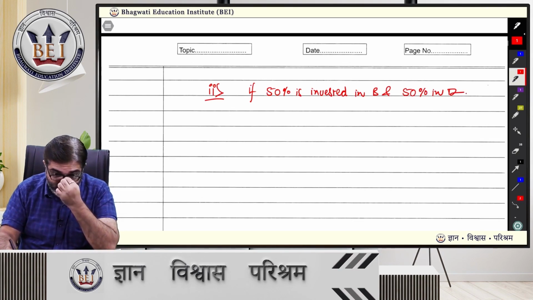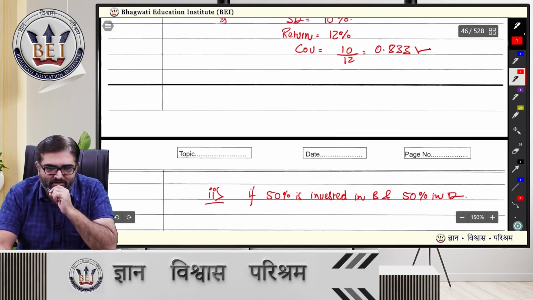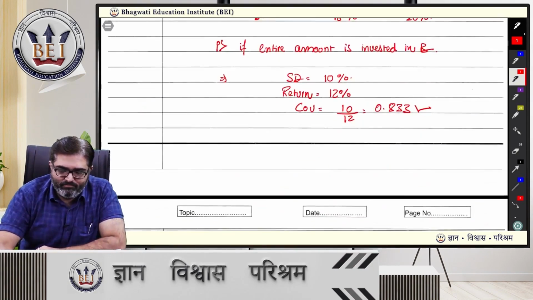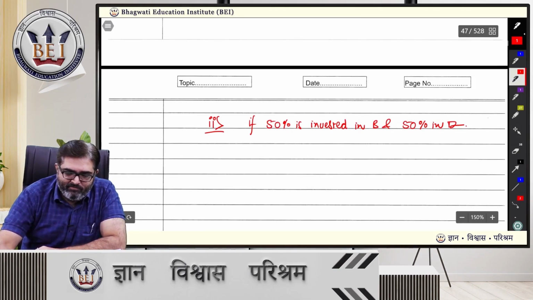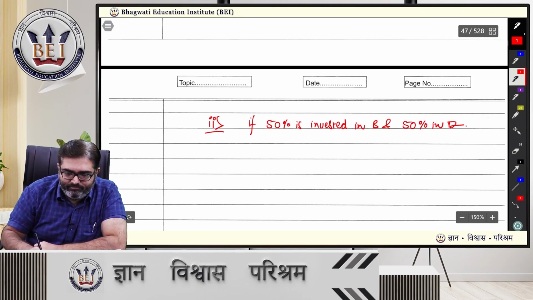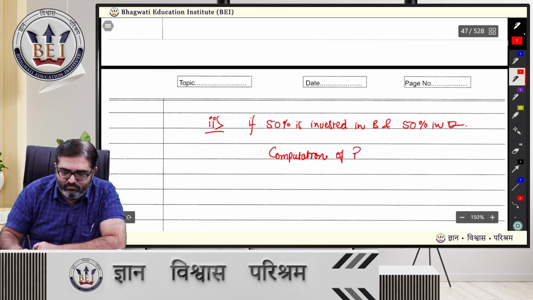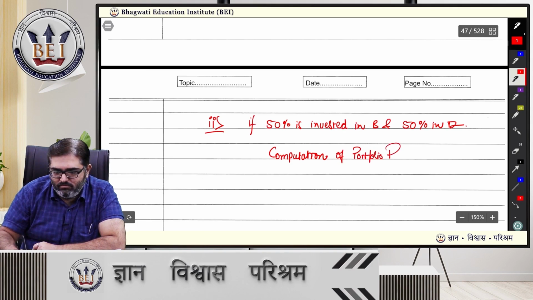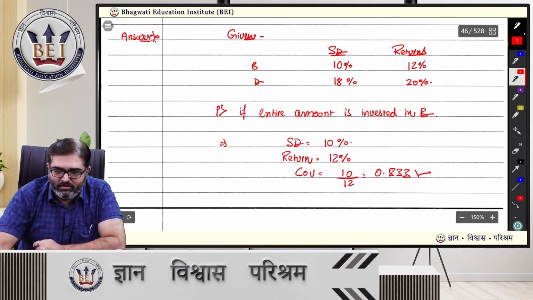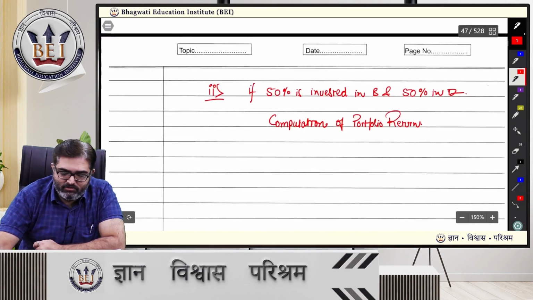50% is invested in B and 50% is invested in D. Then what? Computation of portfolio return. कितना है? 10 बार नहीं, 12, 20, 12 and 20.